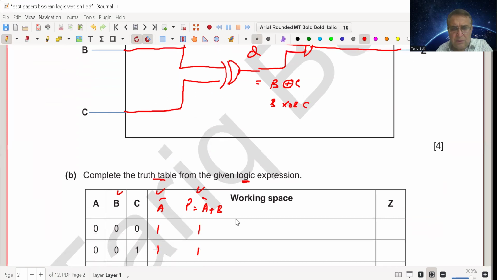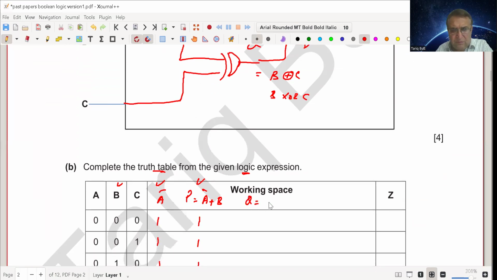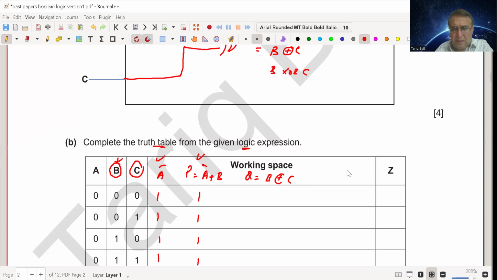So you can make the column for Q, which is B XOR C. As far as exclusive OR is concerned, you know that the output is true when both of the inputs are different; otherwise, the output is 0.